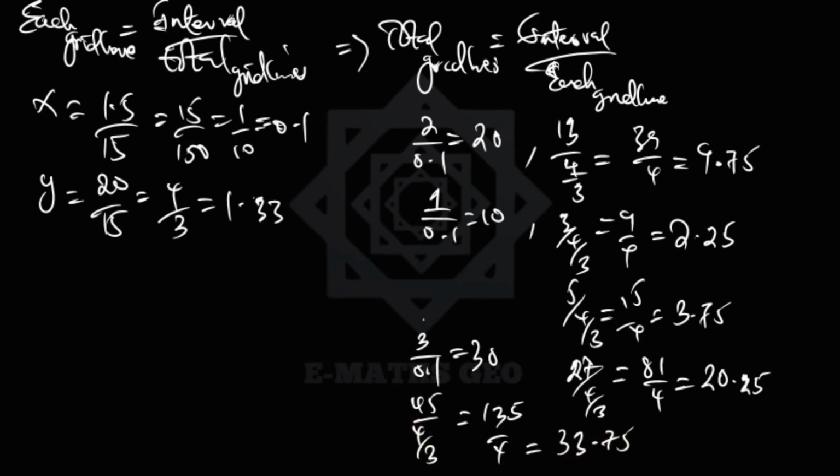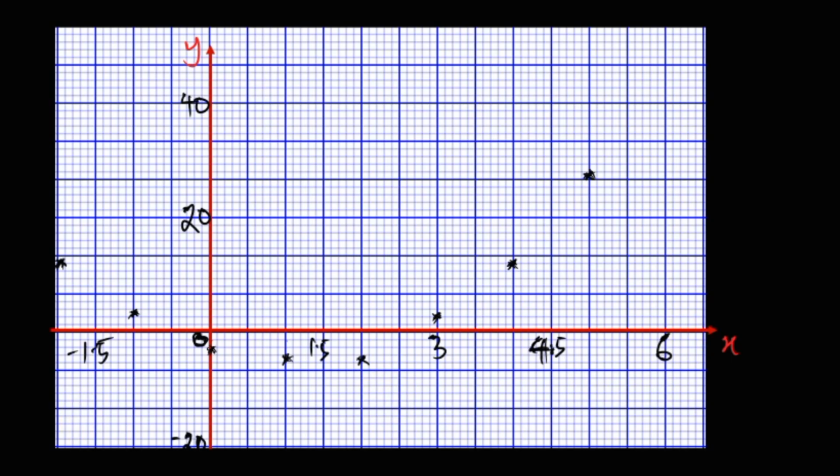So we'll move 3.75 grid lines up: 5, 10, 15, 20, 25, 30, then 1, 2, 3. So somewhere here. So we've gotten the point.